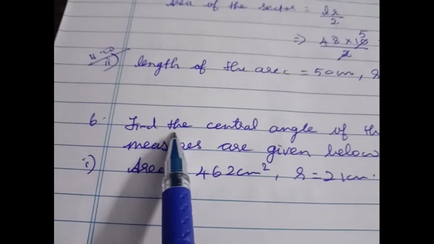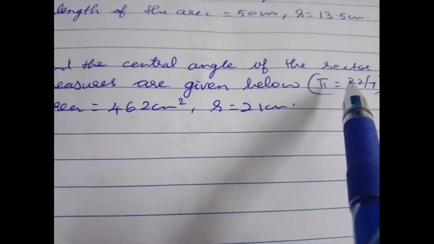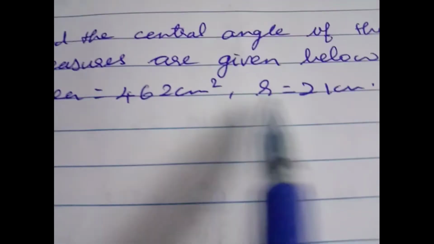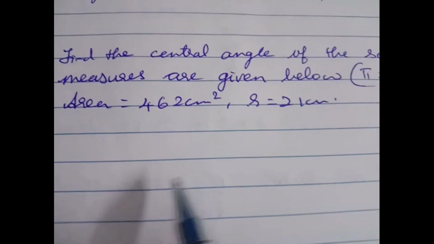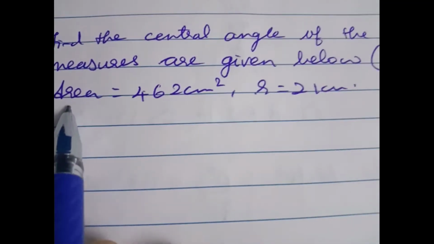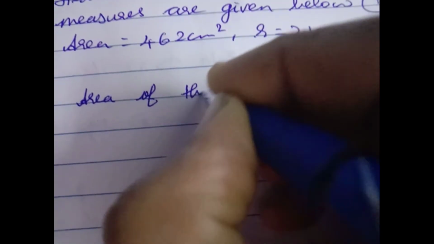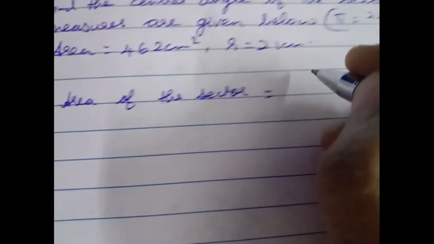Next, sixth. Find the central angle of the sector whose measures are given below. Pi is equal to 22 by 7. Area is equal to 462. R is equal to 21. Asked to find out the central angle of the sector. As they given here the area value and R value, we can use the area of the sector formula to find out the central angle.